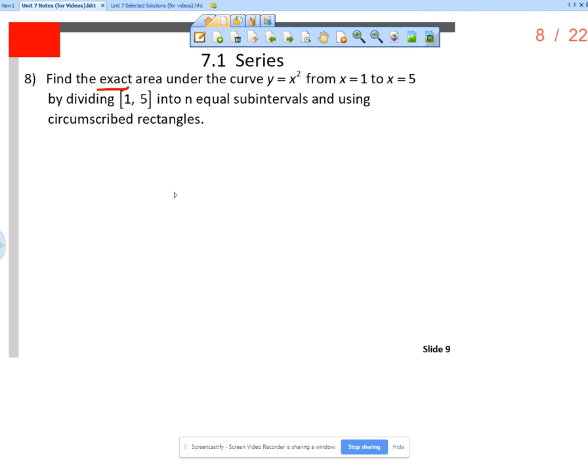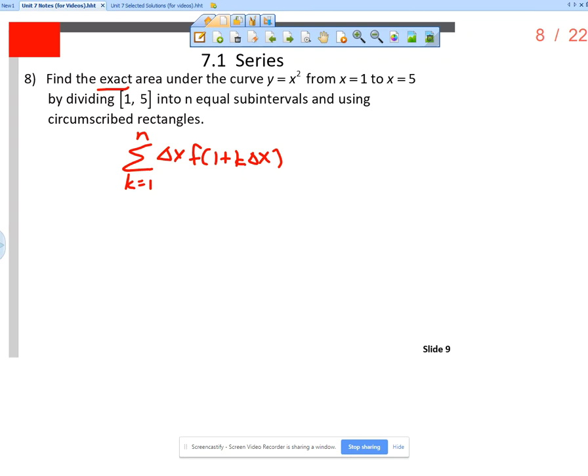Well, let's talk about what we started with, right? We started with the sum from k equals 1 to n of delta x times f of 1 plus k delta x. That's what we started with, okay? Now, what did we say we wanted to do? Well, we wanted n, the number of rectangles, not to be just kind of large, but to be infinitely large.